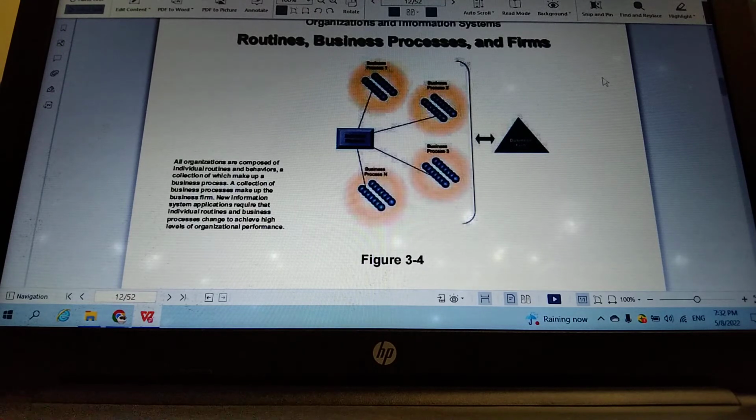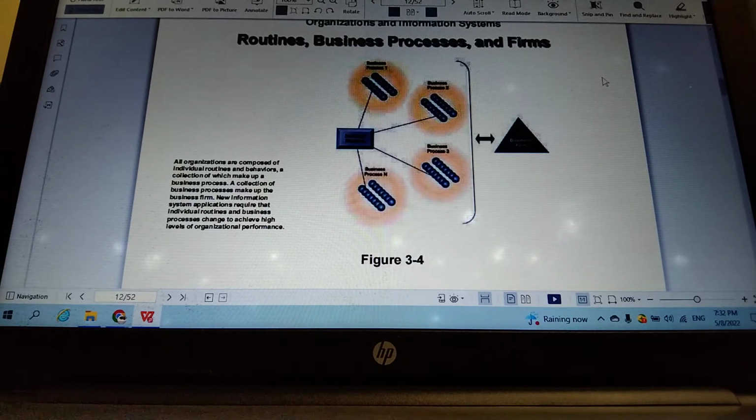Business firm is actually a collection of business processes, or sometimes it can also be what we call business secret. Yeah, secret, that means the recipe of the business in generating the output.